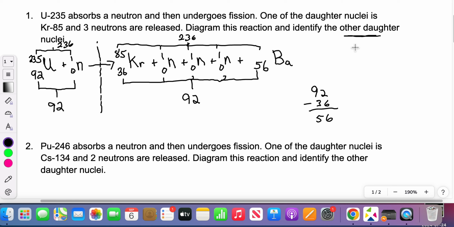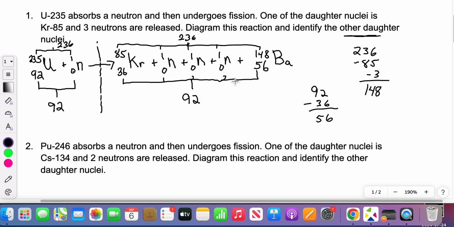So the easy way is just to take 236, subtract what you know, 85, subtract 1, 2, 3, and it ends up that you get 148. So that's the number that goes at the top. And that is basically what you got to do. That's it on that problem.